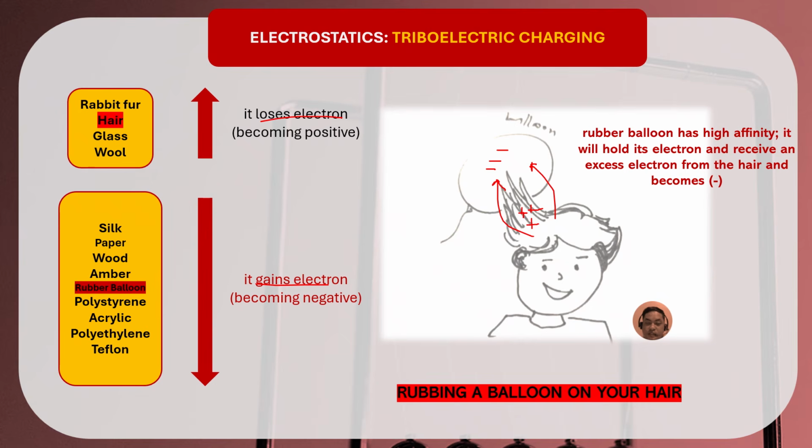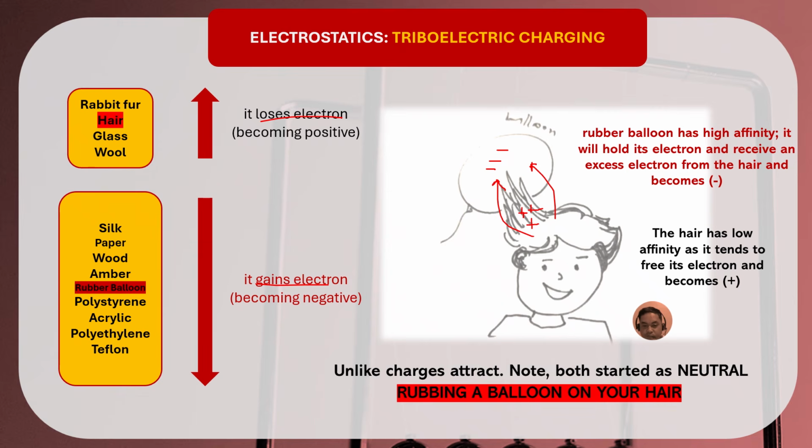There are additional electrons in it, and the hair has low affinity because it tends to free its electrons and become positive because there is a loss of electrons. So electrons decrease and then the positive becomes the same in number. So that material will become positively charged.